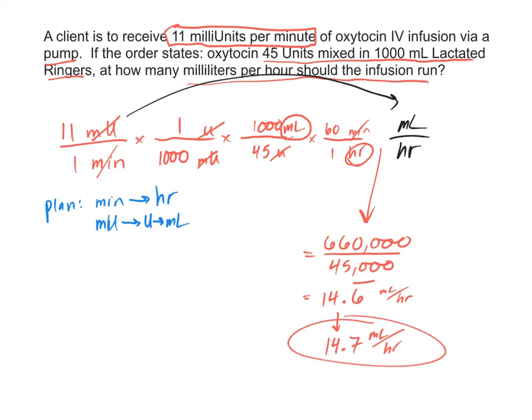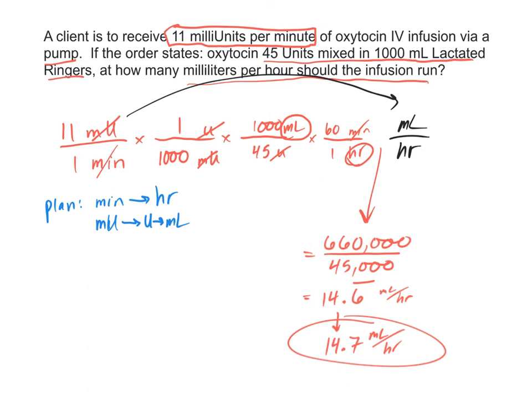So very briefly, just reflecting back on this problem and the previous problem, we have medication floating around in these bags, and oftentimes the order gives you a lot of information, but the most important part is what is the rate that the medication needs to be going into the patient. In the previous problem, we had a ratio of milliequivalents per hour that needed to happen. In this problem, we have milliunits per minute that need to happen.